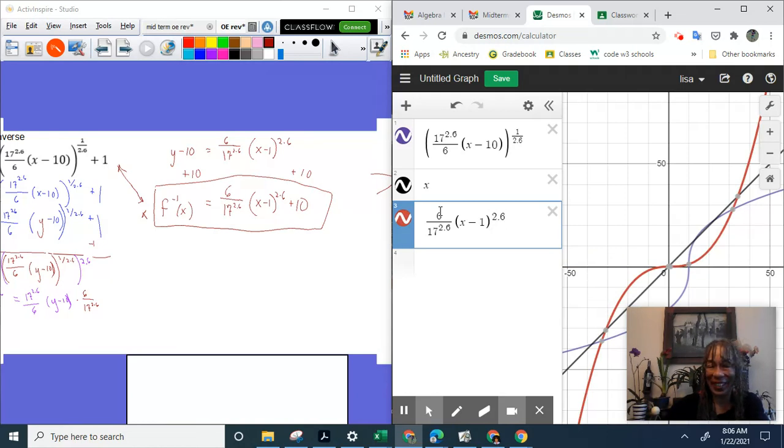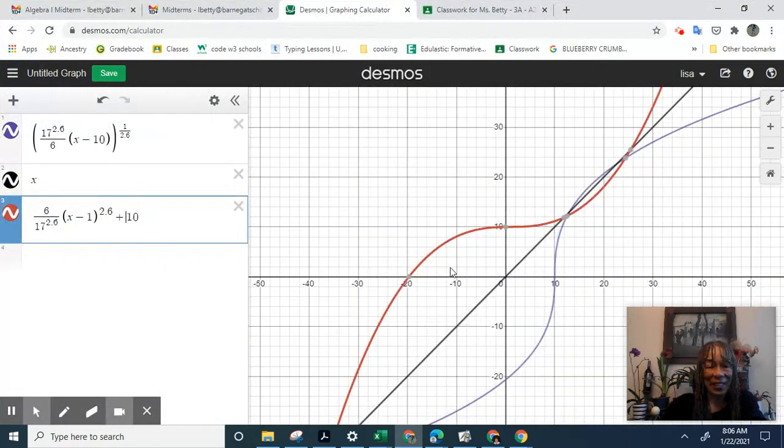Oh my goodness, look at how cool that is starting to look. And if we add 10, that'll raise it up. And that should work. Plus 10, that was why it didn't work. There we go. So if you hung around to see this, it's not completely symmetrical, is it?